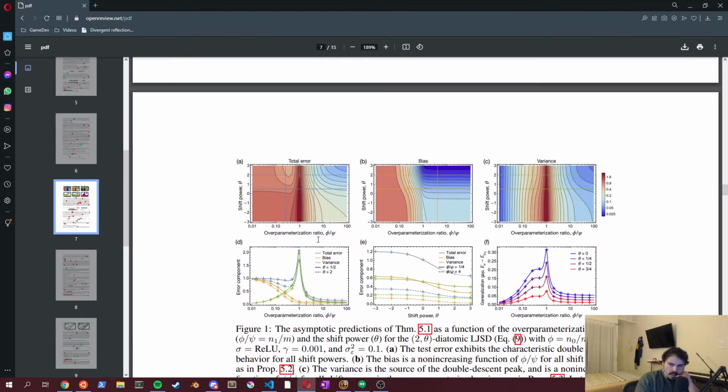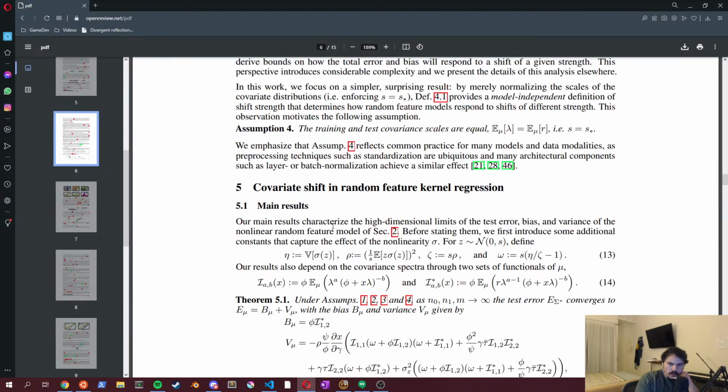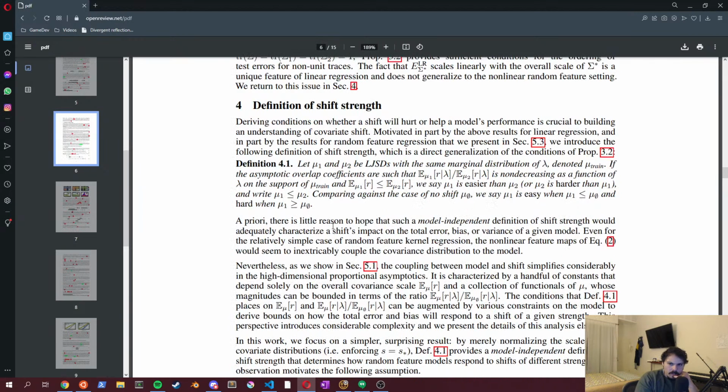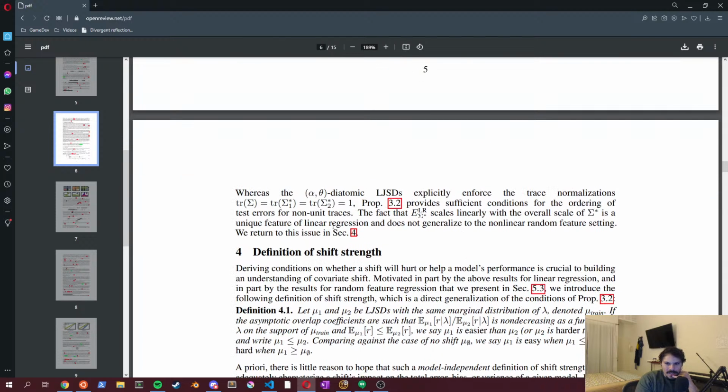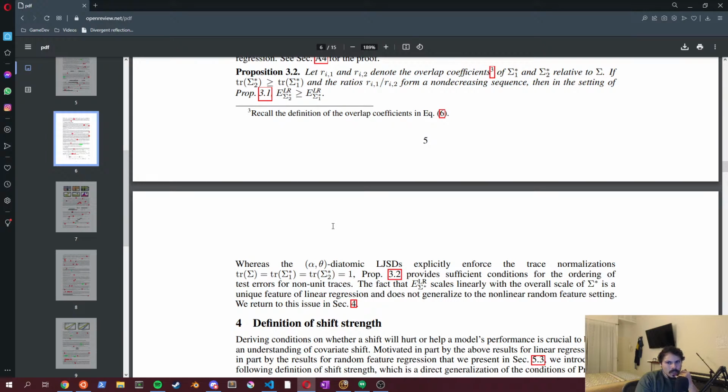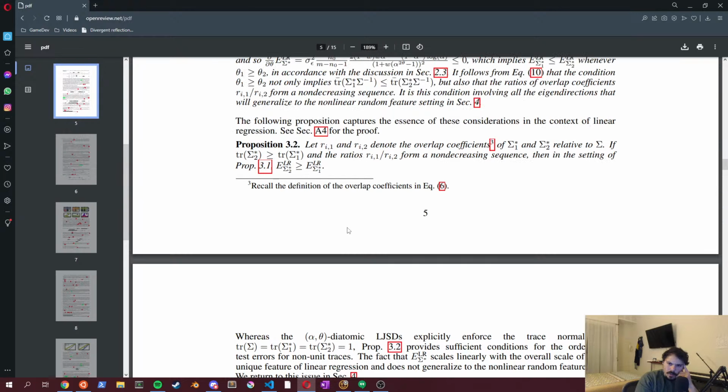But so far, I kind of got the idea that they can maybe show that these eigenvectors of the covariance matrices of the inputs are really important, and basically covariate shift is not always a detrimental thing.